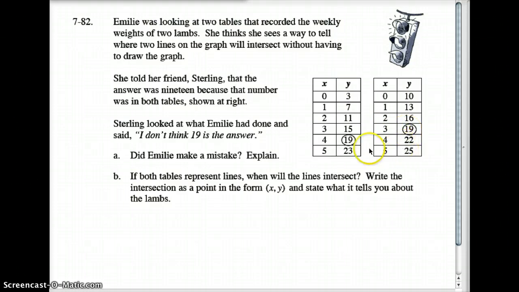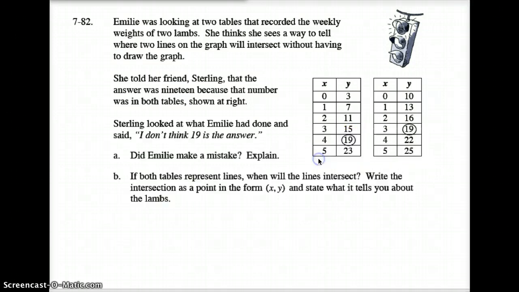If we were to continue, this one goes up by 4, so the next one would be 6 and 27. This one over here goes up by 3, which would be 6 and 28. So you can see they're not quite there yet, so let's write that down. 6 and 27.